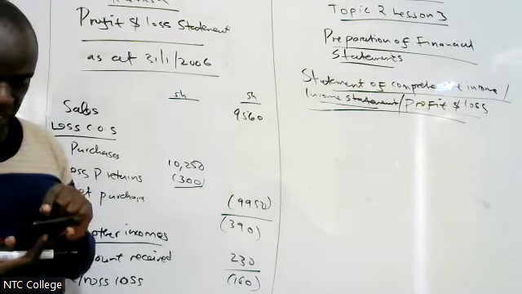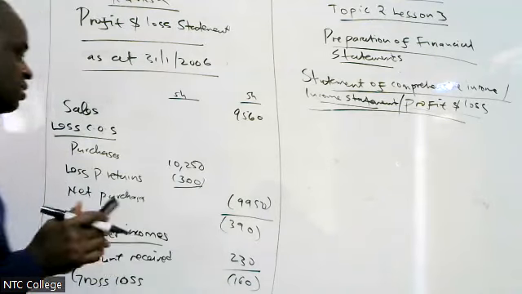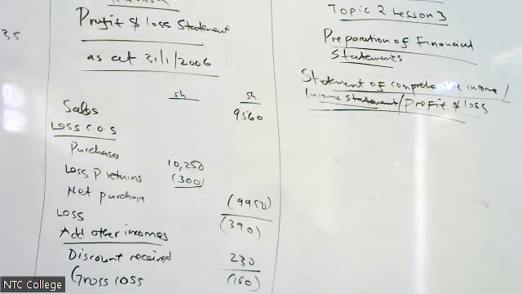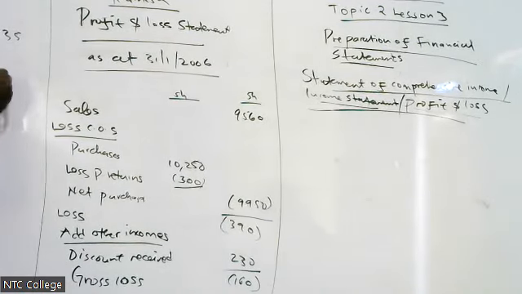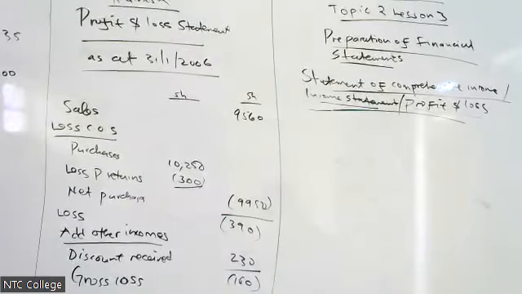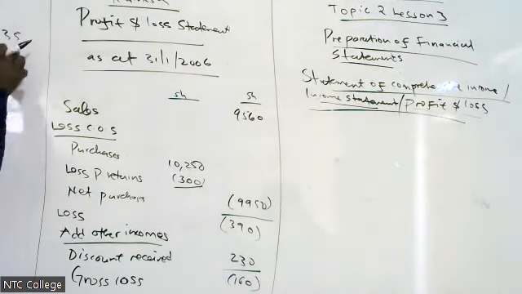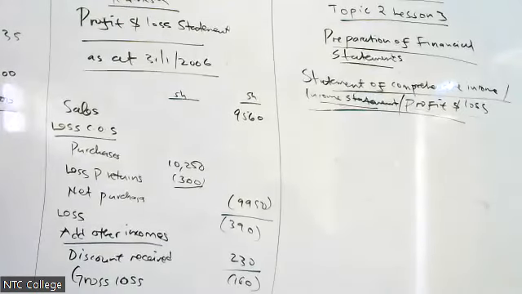So the other expenses there are salaries and rent. Salaries was 600. Then we have rent, 300. So how much is the total expense? Take 35 plus 600 plus 300. That is 935, isn't it?